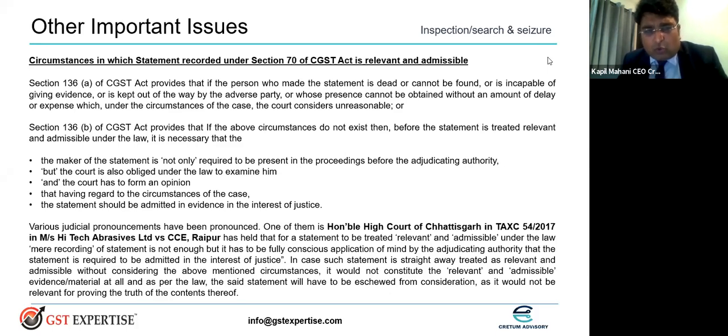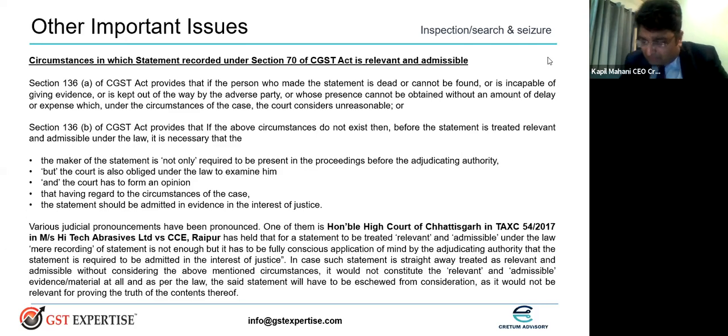The test of section 136 of the CGST Act provides that if a person has made a statement, there are two conditions, or rather two alternative options, where the test of relevance has to be met. The test of relevance is provided under section 136A and 136B. 136A of the CGST Act talks about when a person who made a statement is dead or cannot be found.